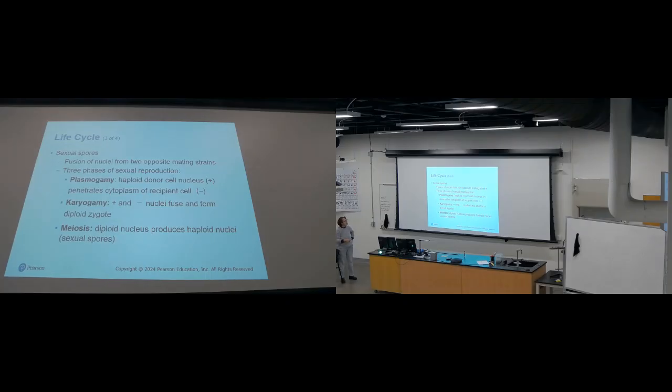That's the first step, the penetration of the plus over the minus. So this is plasmogamy. And then you have something called karyogamy, in which the plus and the minus fuse to form a zygote. In this case, you bring whatever number of chromosomes the fungus has, mix it with the other nucleus, and then you form a single nucleus.